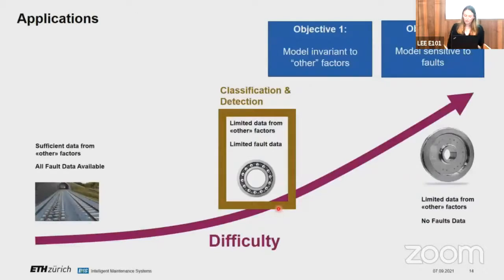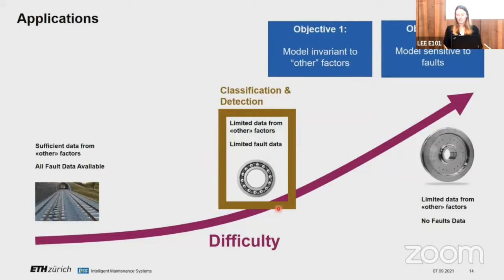Let's go on and raise the difficulty a little bit. Now we will consider a data set where we assume that we have only limited data available. First we assume you have only data available from a subset of operating conditions and later from a subset of faults. And since I know I have only a subset of faults, I want the model to be able to classify those that I know, but also to be very sensitive to novel ones, to detect the novel faults.